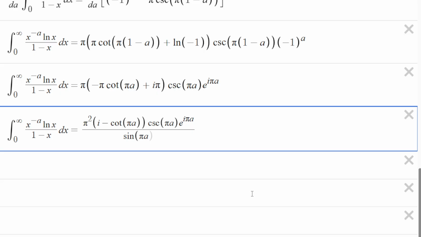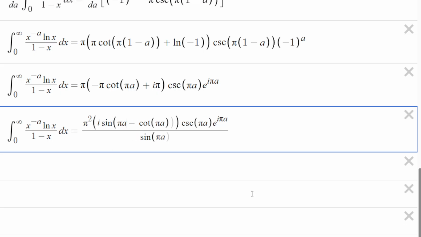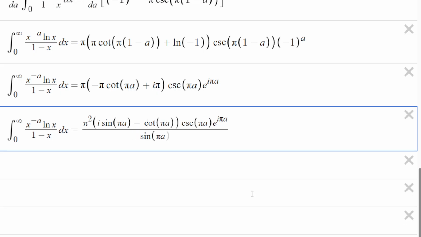All right. And then I can't forget to also multiply the top by sine pi a. So i sine pi a, and then multiplying cotangent is just going to give us cosine pi a. And then to make this just a little bit clearer, let's introduce another negative sign and actually make this minus i sine pi a. And we can put this cosine pi a in front of it.